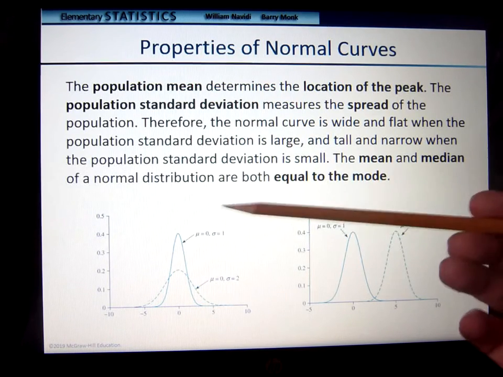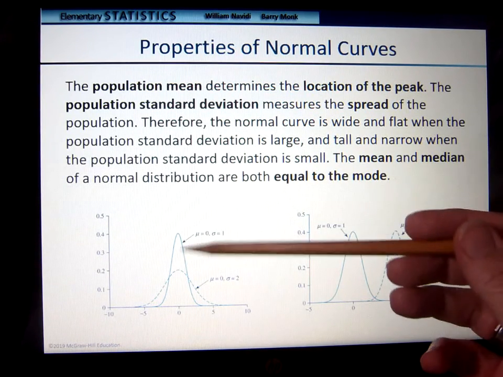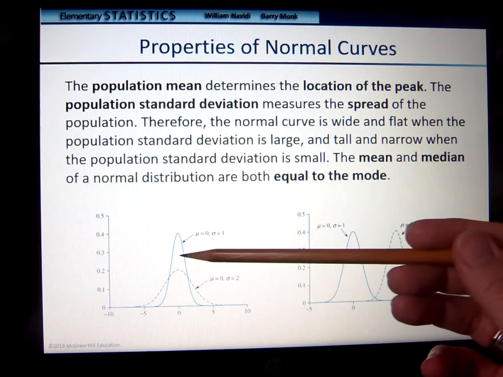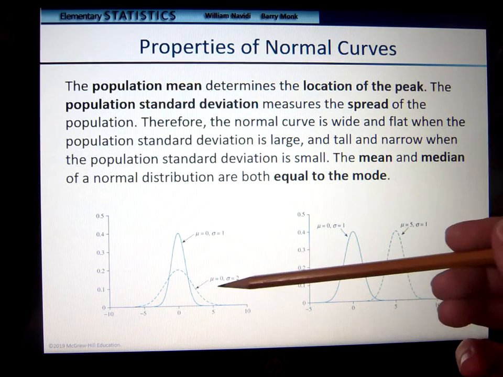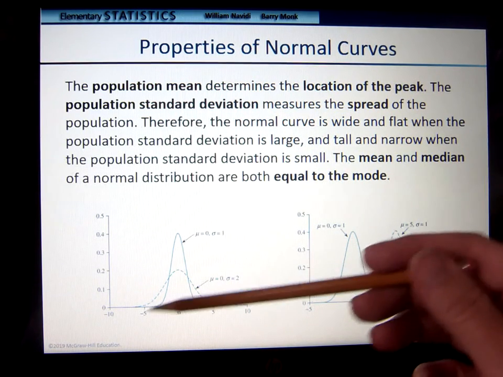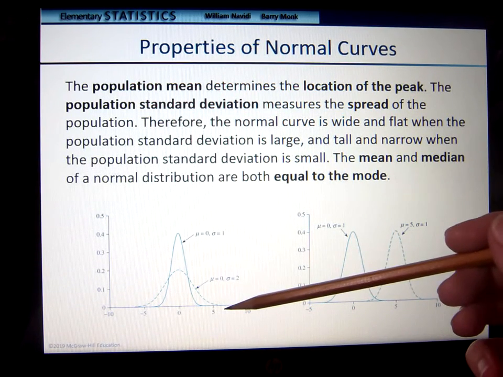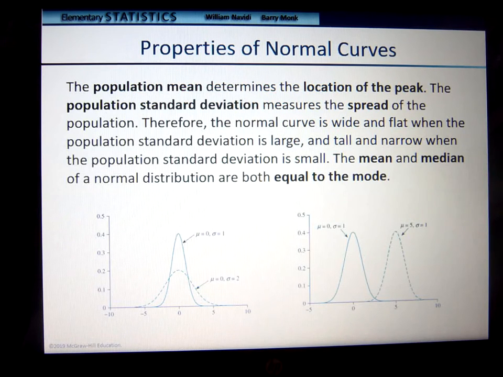So here we have the mean at 0 and the standard deviation of 1, and here we have the mean at 0 and the standard deviation of 2. You can see it spreads out more. The mean and median of a normal curve are both equal to the mode. So they're all equal in a normal curve.